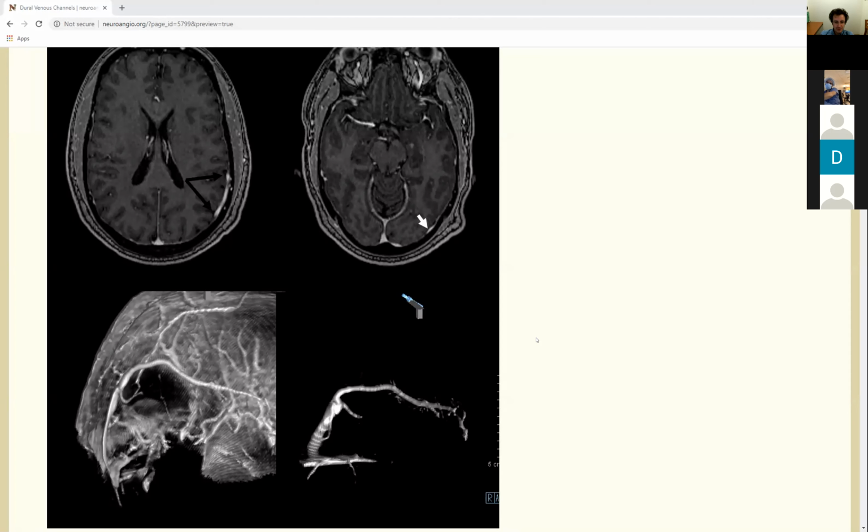Or going back to that falcotentorial junction, right? All these channels in the falx are no different in appearance from this, right? Exactly. They look like these lens-shaped things. So maybe that's just how meningeal veins are, right?